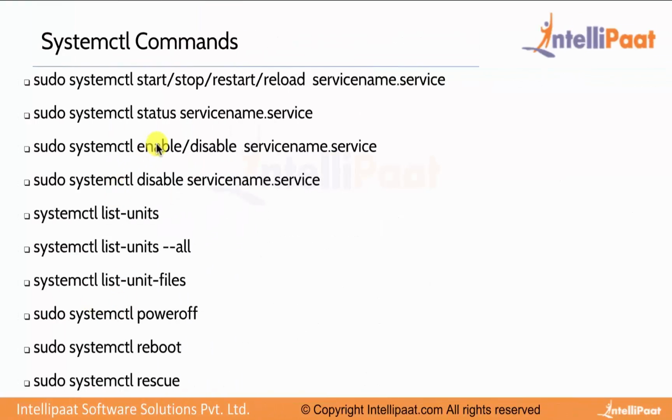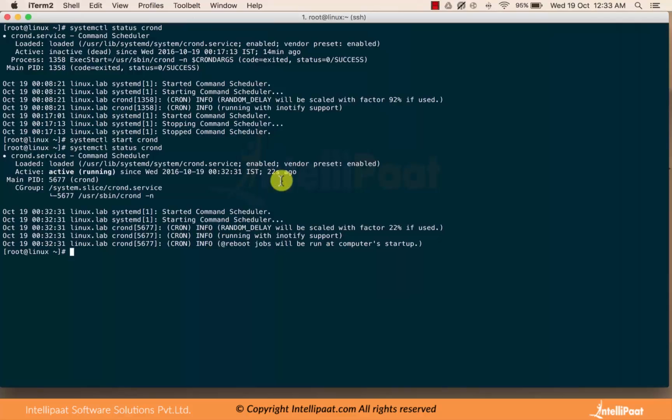Now let's check some other commands, start, stop, restart, reload. Okay, so systemctl can have all these options. We have already used the start option, so next we can use the stop option. Now let's start it again, so that also works. Now say a daemon is running and you just want to restart that daemon once again.